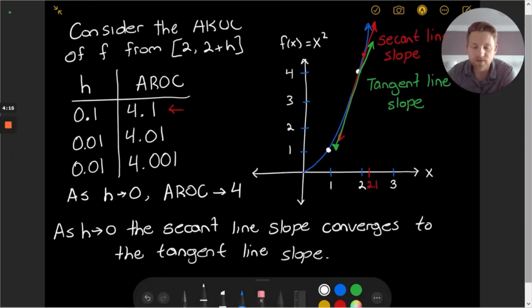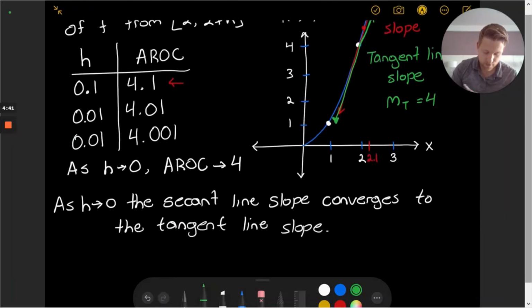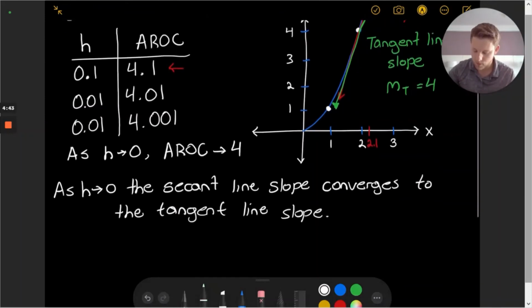And in this specific example, we could consider that the tangent line slope, and we can call that m sub t, based on our calculations, looks to be approximately 4. Meaning that the instant rate of change at the point x equals 2 would be 4. So we could make a conclusion here.